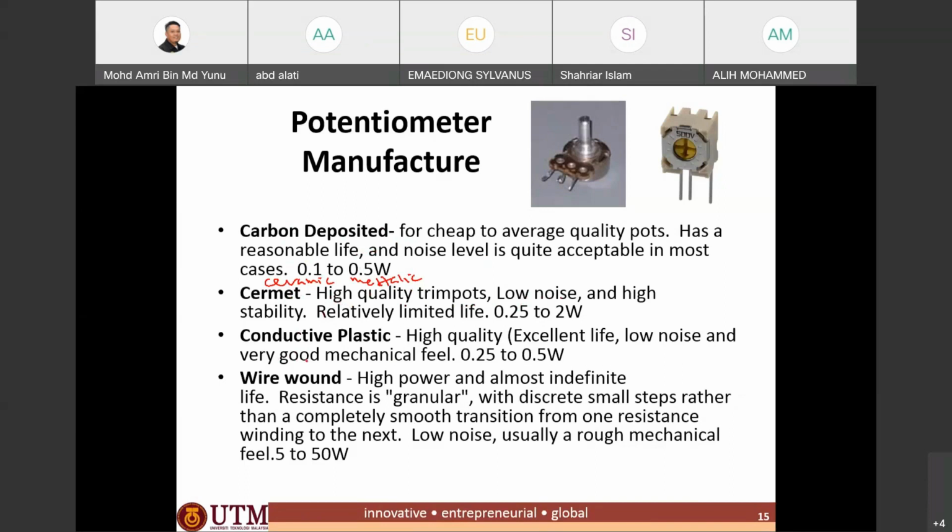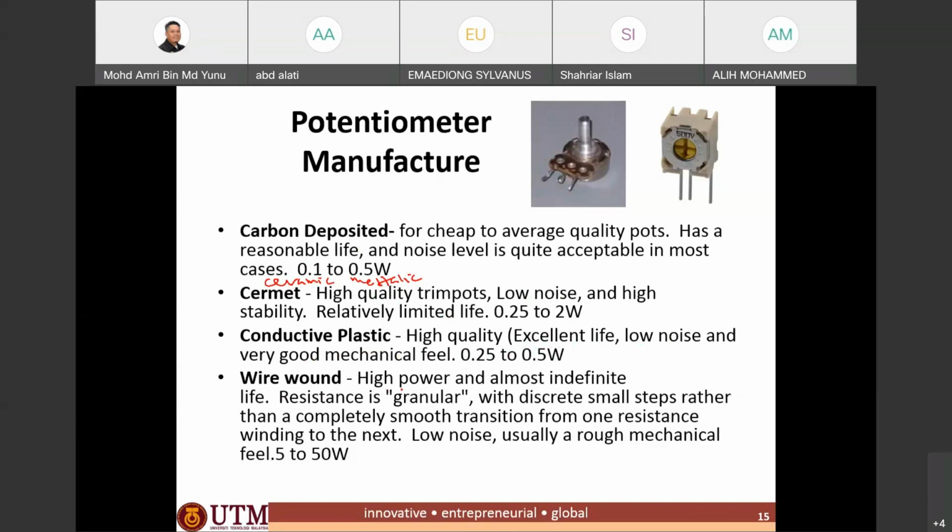Also, it can be made of conductive plastic, high quality with excellent life cycle, low noise and very good mechanical feel, where the movement of the shaft is smooth.